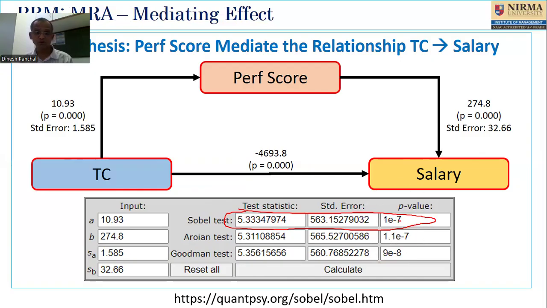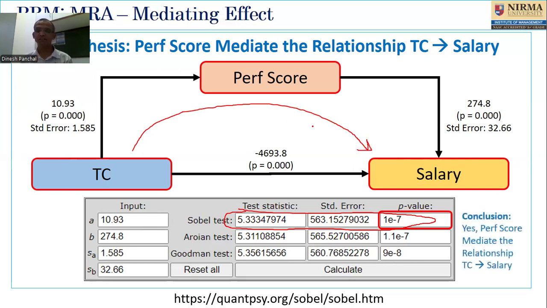Once this p-value is significant, only then can we conclude that the mediating variable is there. That means the effect of TC on salary is not direct. The effect of TC on salary is through performance score. So to conclude on the hypothesis, yes, the performance score does mediate the relationship between TC and salary. The layman's understanding is that TC does not impact the salary directly. It first influences the performance score, and then the performance score in turn influences the salary.